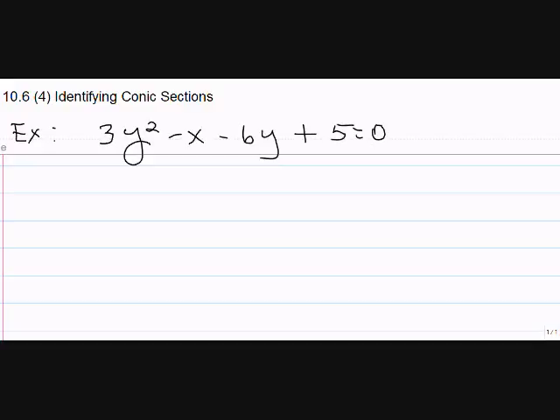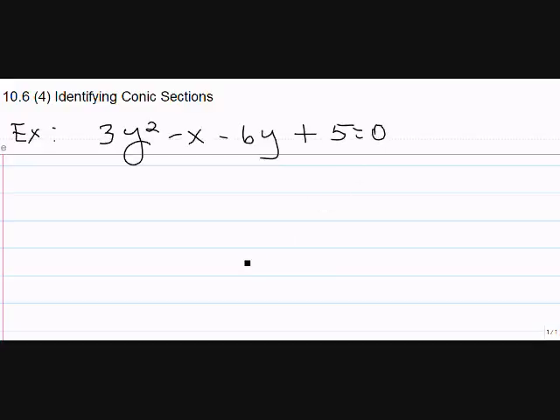Why do you think it's a parabola? Yeah, this gets to be an x equals y squared. Only one of the variables has a squared term. The other one is linear. So this turns out to be a parabola.